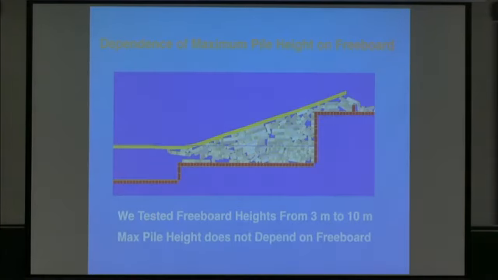So we were thinking a little further. Supposing we increase the freeboard to 10 meters. That's the height of the vertical wall above the water. The guys that build the structure aren't going to like it because it's going to cost a fortune. But just what if? What we found is that, of course, the encroachment decreases, but the pile height remains constant.